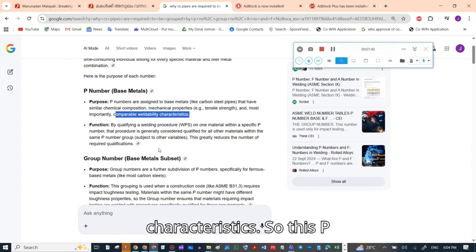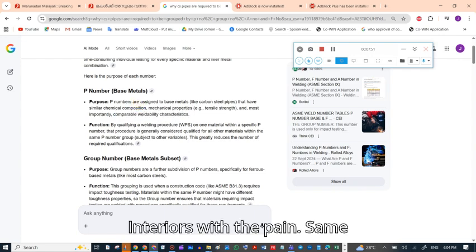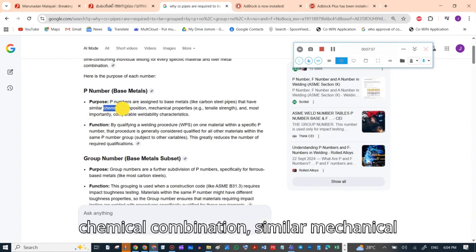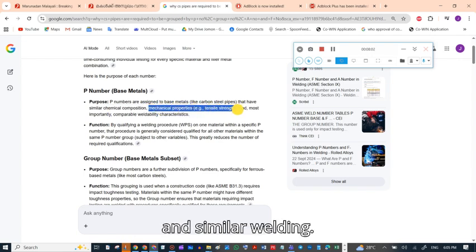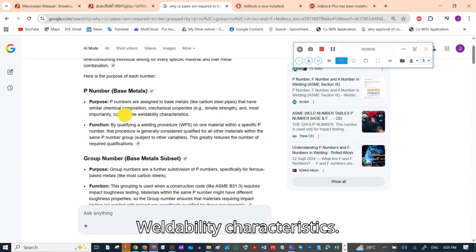So materials with the same P number, like P number 1, have similar chemical composition, similar mechanical properties like tensile strength, and similar weldability characteristics.